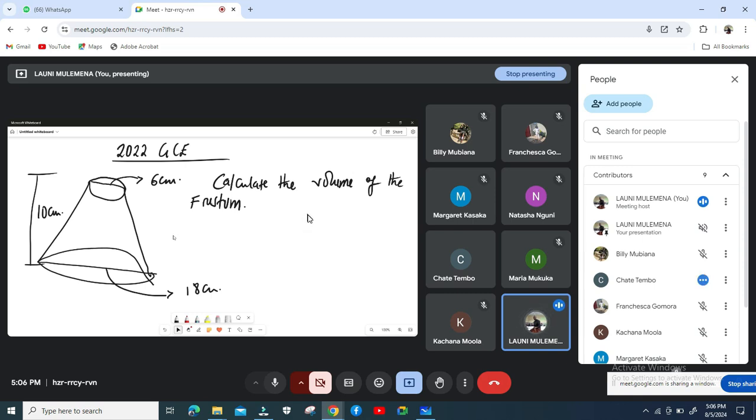Now, let me expand the explanation from Mr. Tembo. Of course, the answers that we have gotten from Madam Grace and Mr. Billy are 100% correct because this is a cone. Then we can say this is a Frustum of a cone. Now, just to add on the explanation from Mr. Tembo, because of the radiuses, I'm interested in that part.